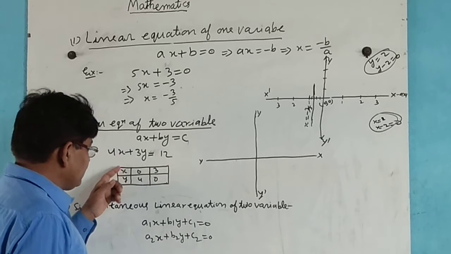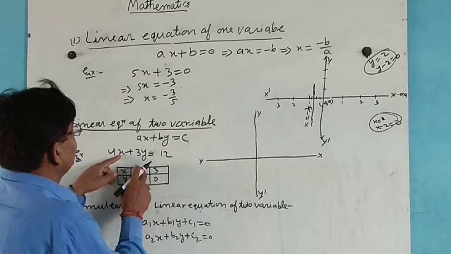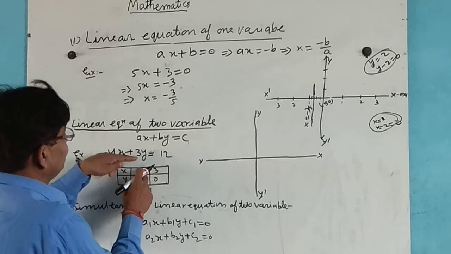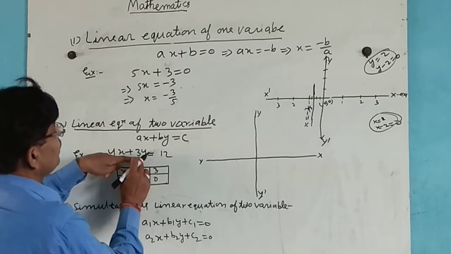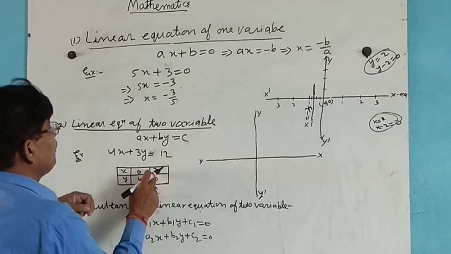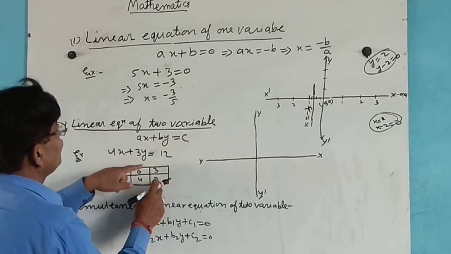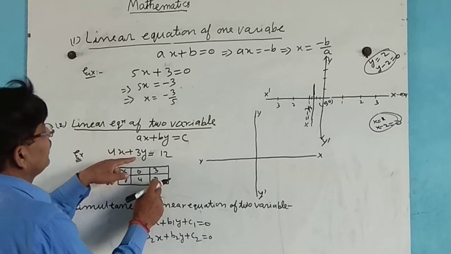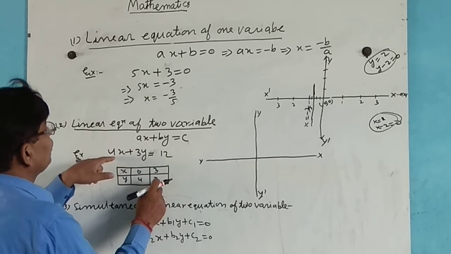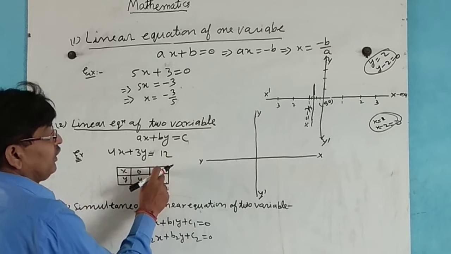Now we put the values of x and y according to our convenience. If we put x equal to 0, this becomes 0, y equal to 12 by 3, y equal to 4. If y equal to 0, putting in this equation, this becomes 0, x is equal to 12 by 4, 3.